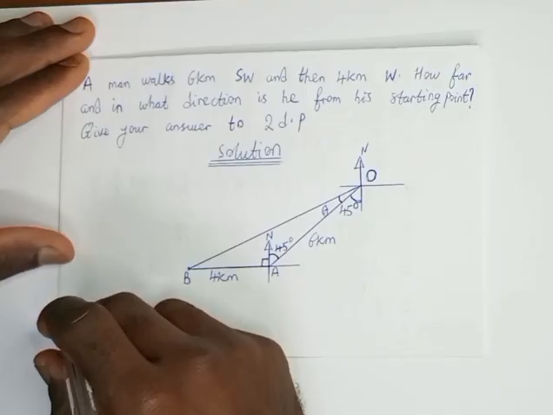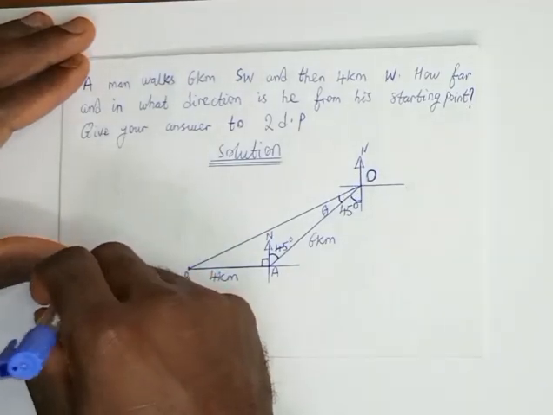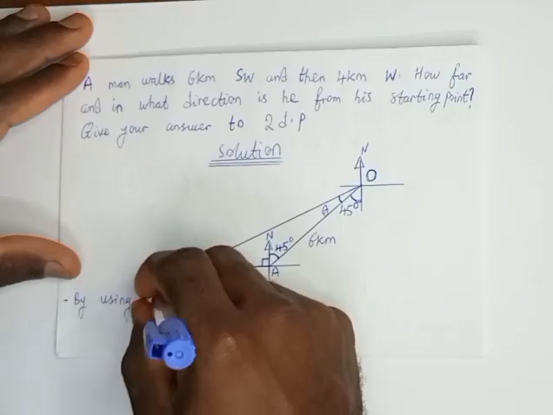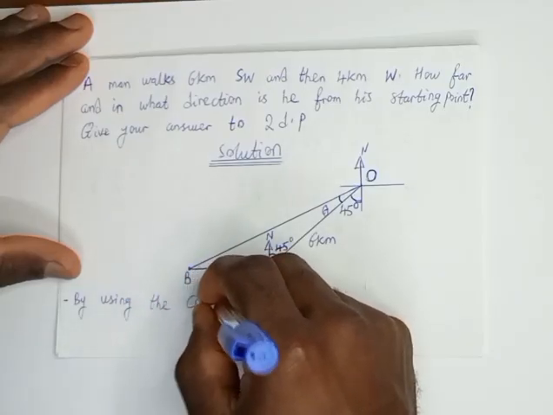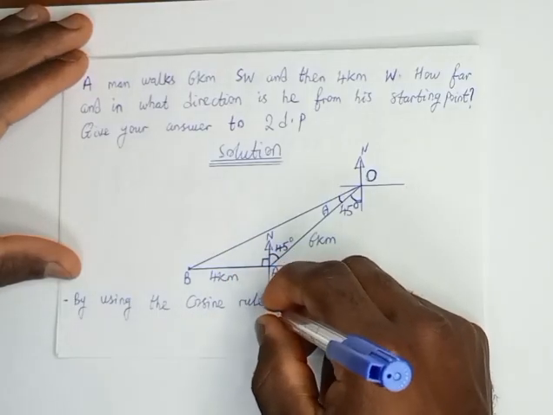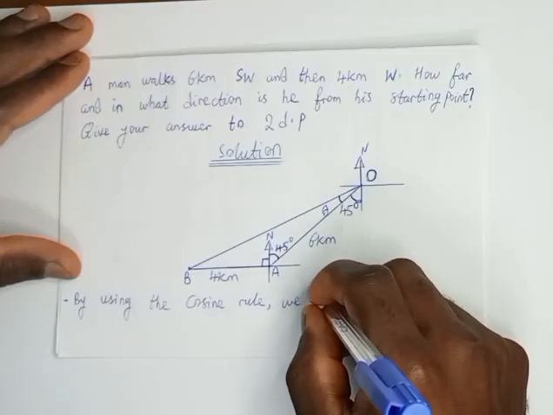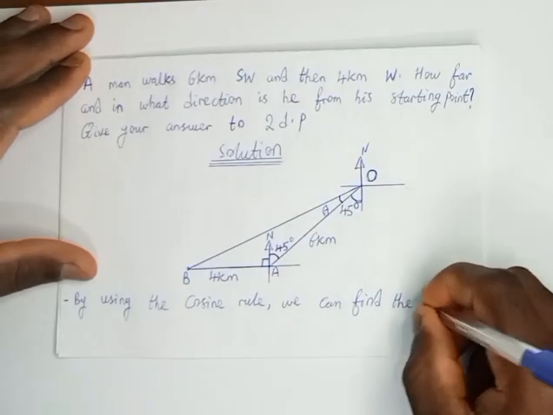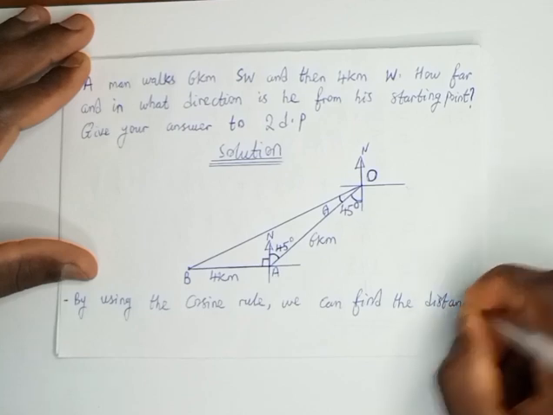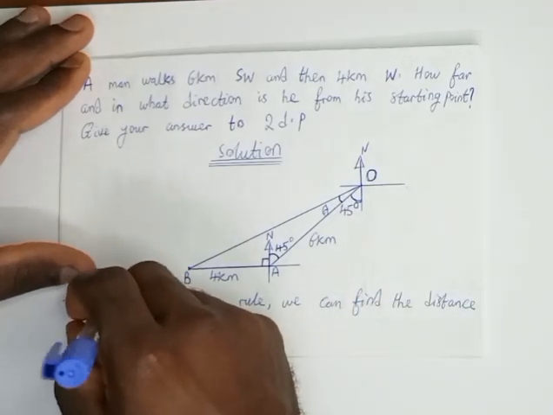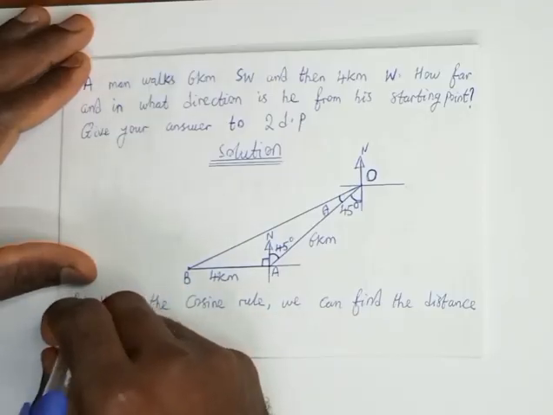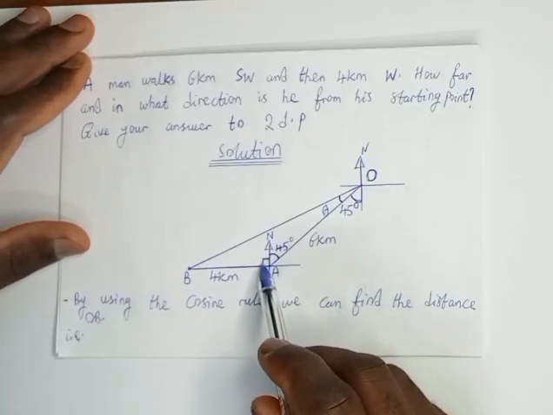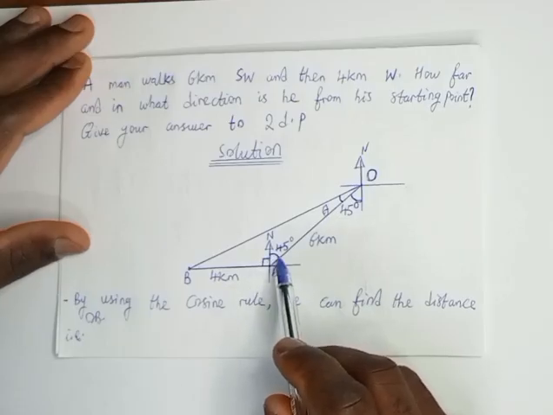Now, by making use of the cosine rule, we can find the distance OB. You see that this angle here is 90 degrees plus 45 degrees.